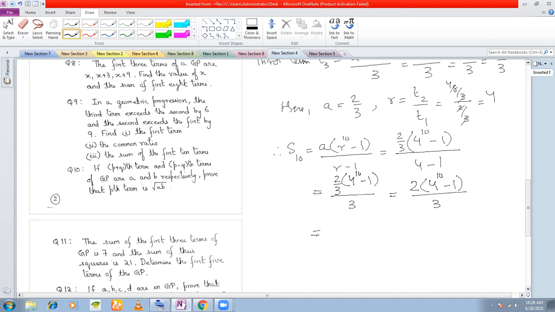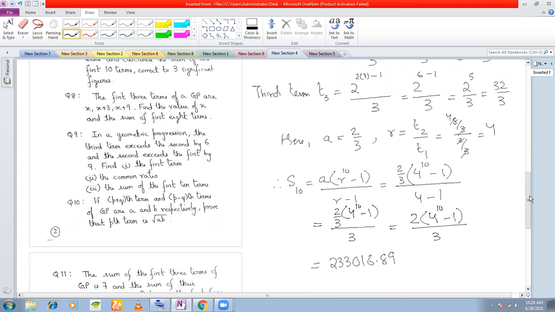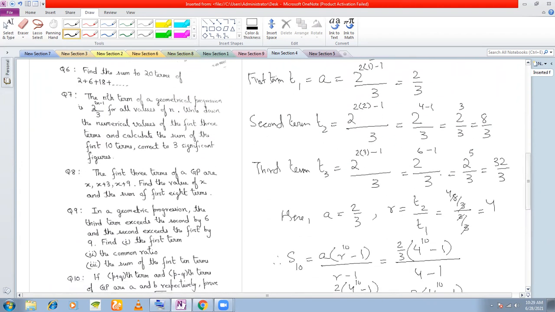Now you can calculate this with the help of your scientific calculator as 233,016.89, right? But they have asked you to give your answer correct to 3 significant figures, right?